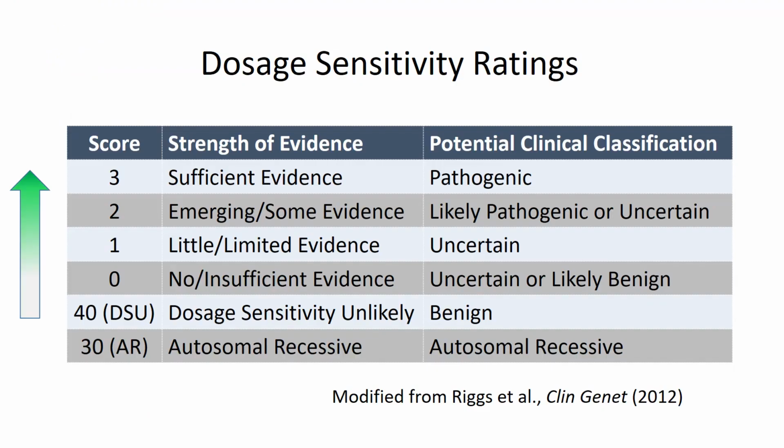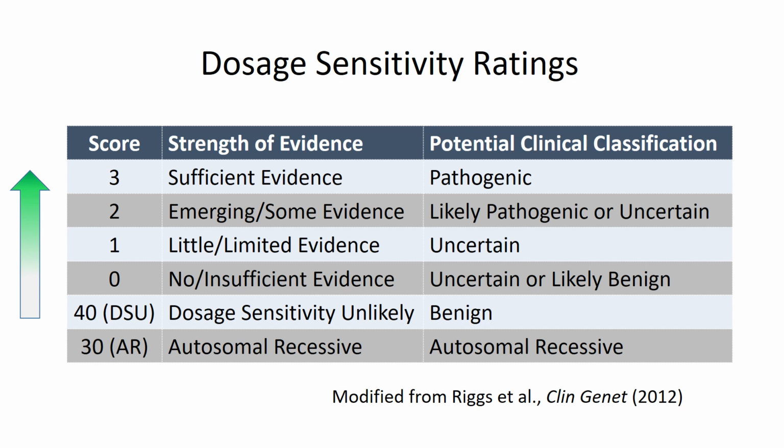Similar to clinical CNV scoring, the ratings assigned for dosage sensitivity correspond to strengths of evidence. A 3 score is the highest level of evidence, corresponding to sufficient evidence for pathogenicity. A 2 score indicates there is some evidence for dosage sensitivity that is emerging. 1 indicates little evidence and information is limited at this time.